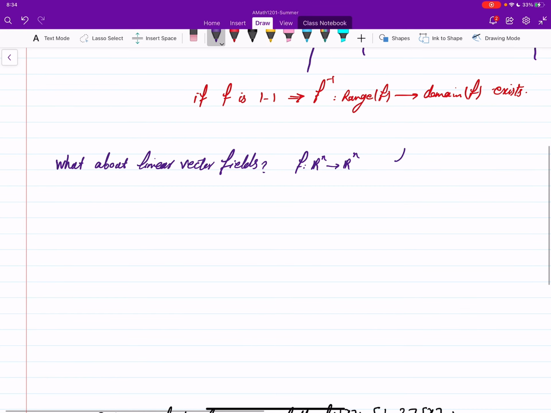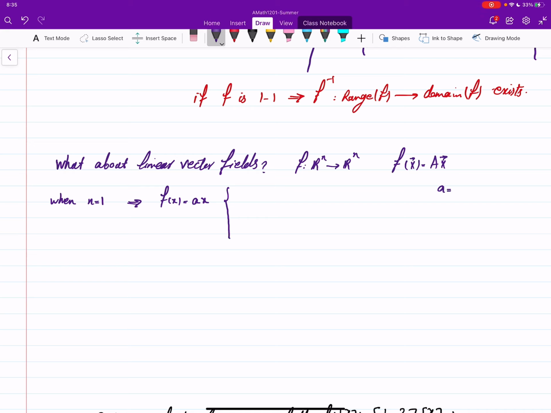So we are going to try to work with matrices for vector fields of this form, where A is a matrix. So when n is equal to 1, I'm going to have only one number, and the matrix will be just a constant A. So when is such a function Ax invertible?